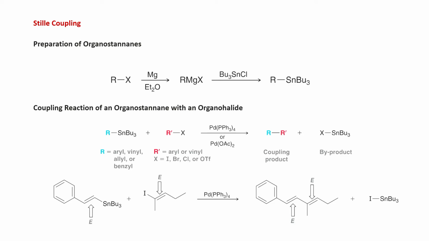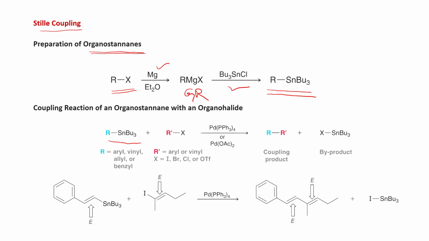The next reaction is the Stille reaction, and in this Stille reaction you use organostannanes, which we sometimes call organotin. When you treat an organohalide with magnesium, it will give you your Grignard reagent, and when you treat the Grignard reagent with tributyltin chloride, you will get your organostannane compound.